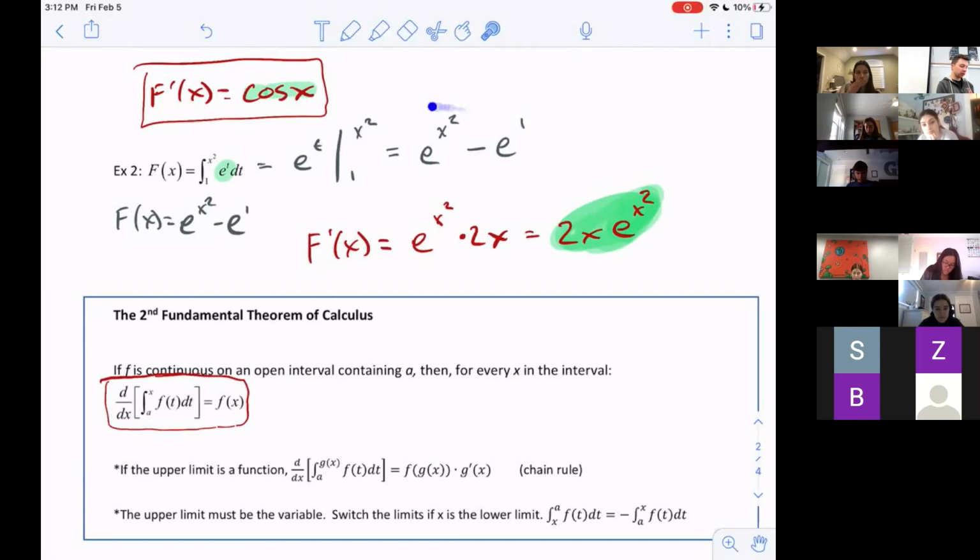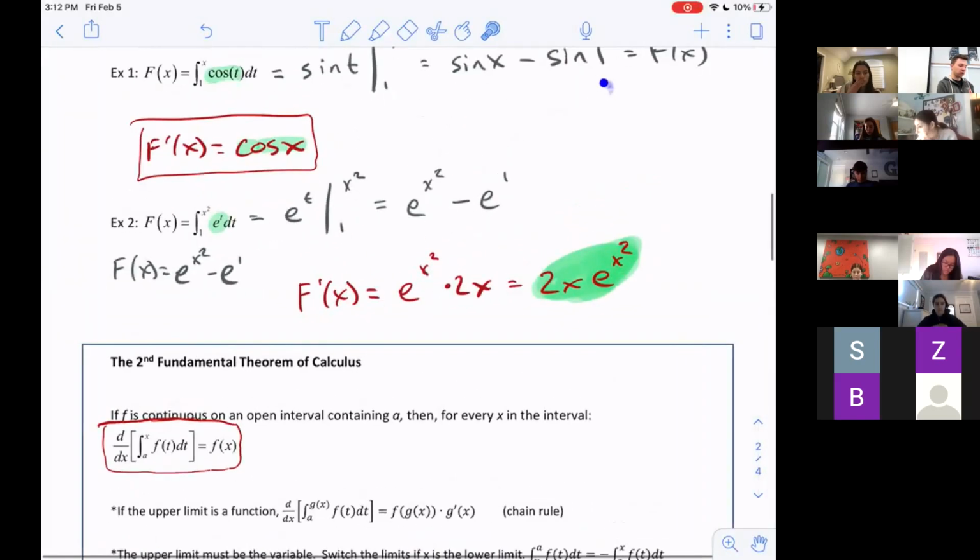In other words, we don't have to keep doing this part. We can use this pattern. We literally can just drop the x in. But if the upper limit is something fancier than just x, we have to do chain rule.